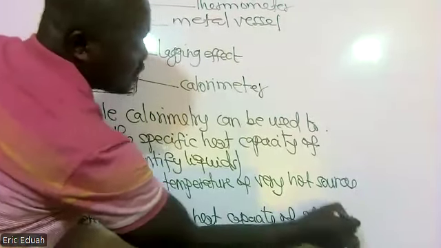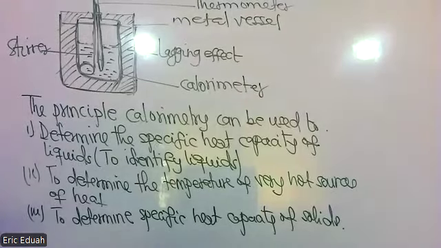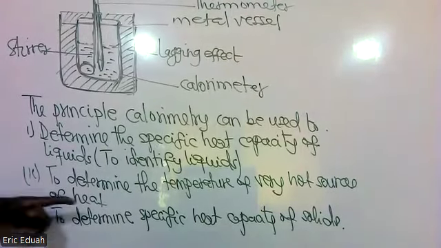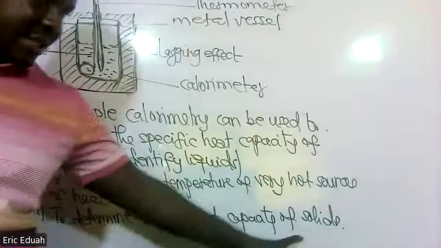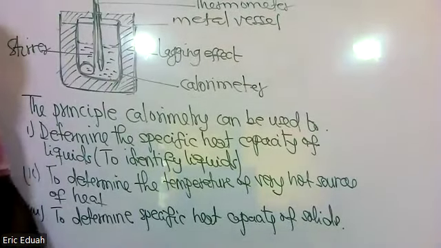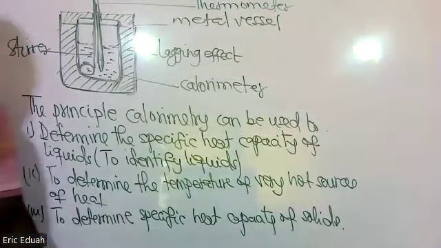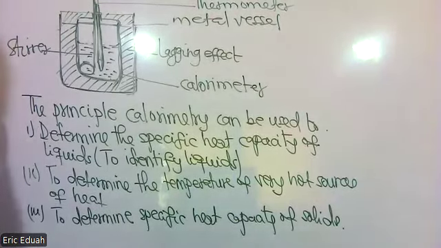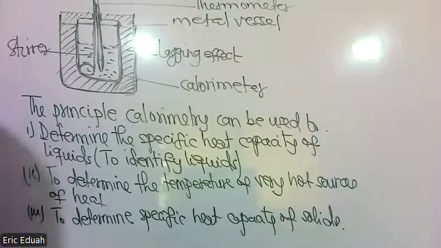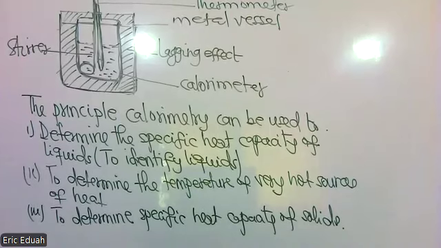So in as much as we can use it to determine the specific heat capacity of liquids, we can also use the method or the principle to determine the specific heat capacity of solids. So these are some applications of the principle of calorimetry. Now let's go through it and see how we can use this principle of calorimetry.